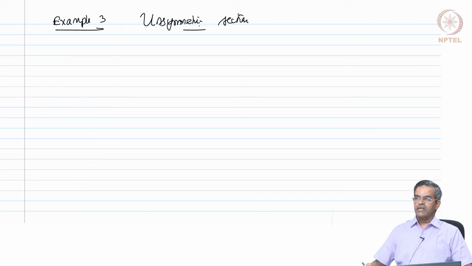You can have unsymmetric sections. Unsymmetric sections have their own complications. I think we all know by this time how to operate on an unsymmetric section. Let us take an example.